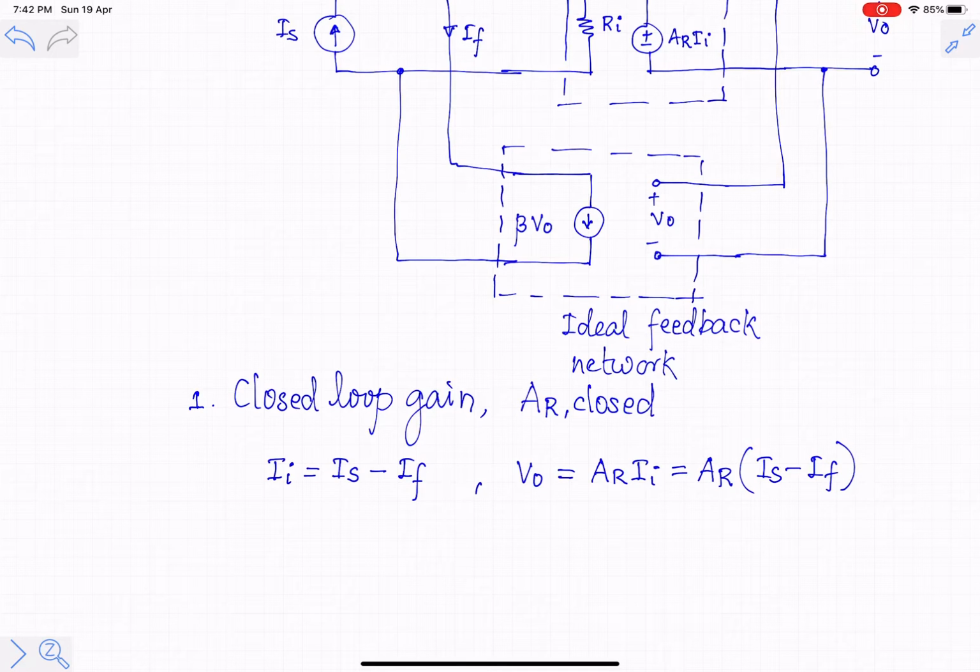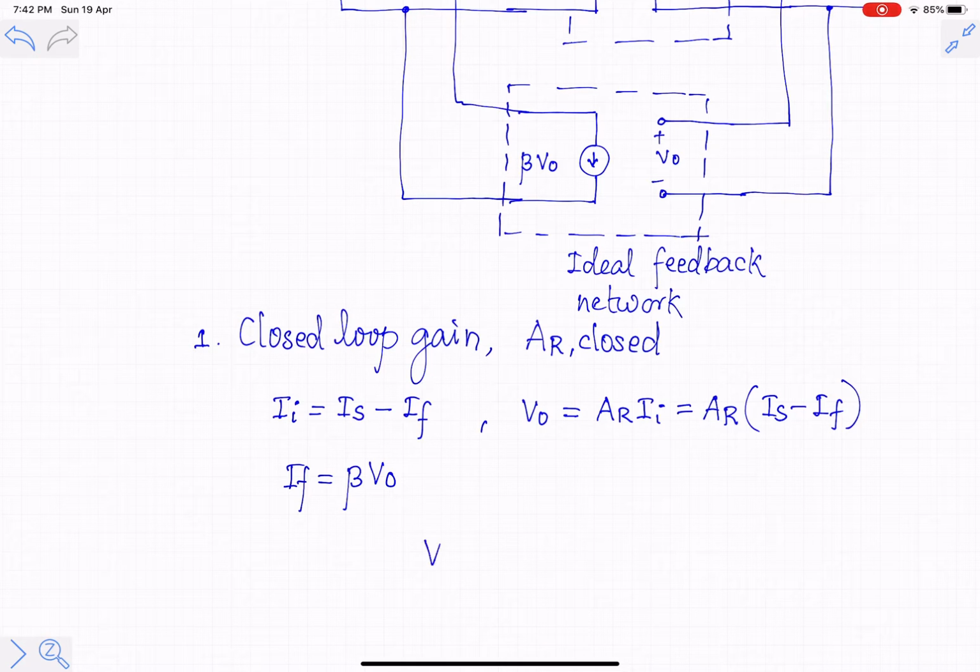We can see that the current IF is given by beta into V0. So V0 is equal to AR into (IS minus IF), and IF is beta into V0.